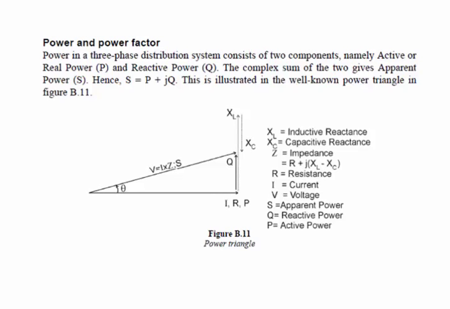This is illustrated in the well-known power triangle in figure B.11. In the power triangle, XL is the inductive reactance, XC is the capacitive reactance, and Z is the impedance, which equals R plus j times (XL minus XC) in brackets. R is always your resistance.